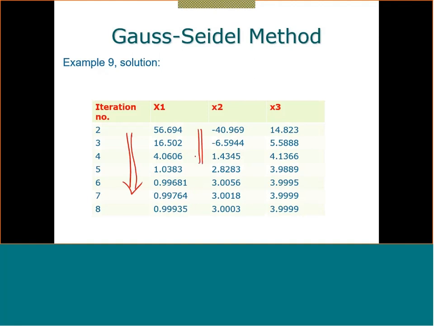Yes, we are taking more steps, but all the answers, remember, this is 1, this is 3, and this is 4. So we are converging. We needed two or three more iterations, but we converged. So it doesn't really matter where we start.